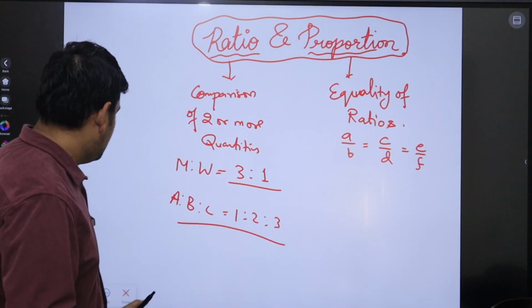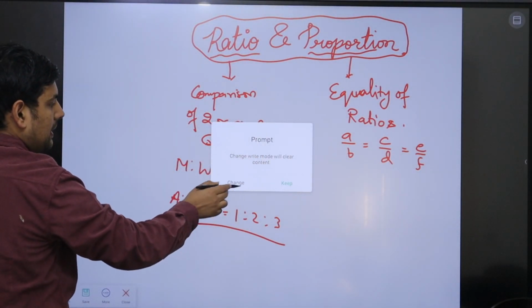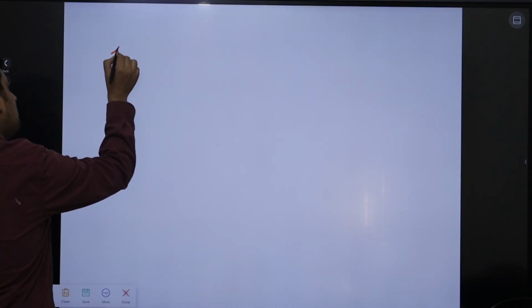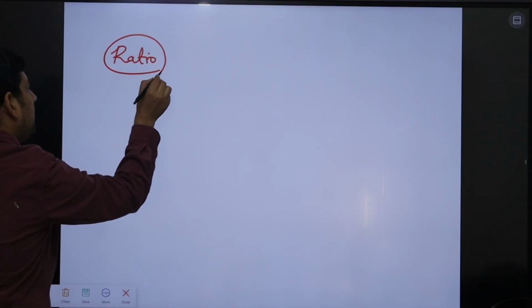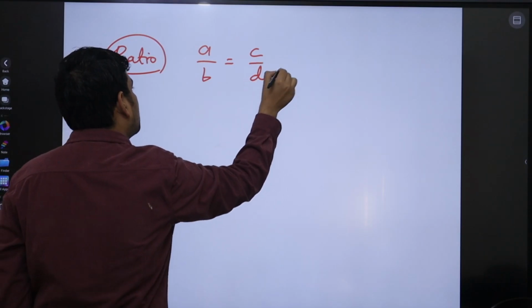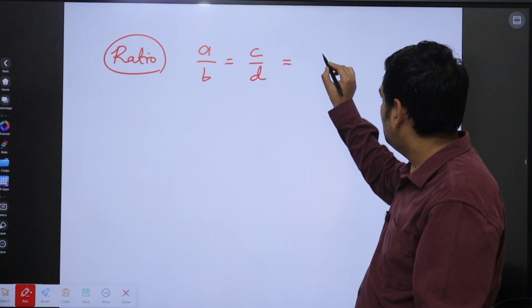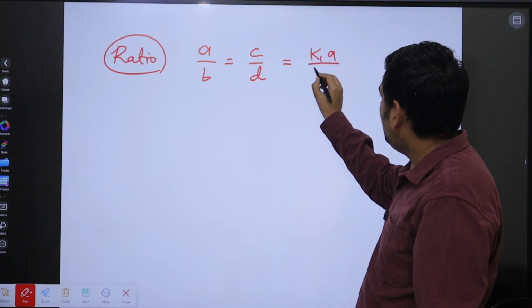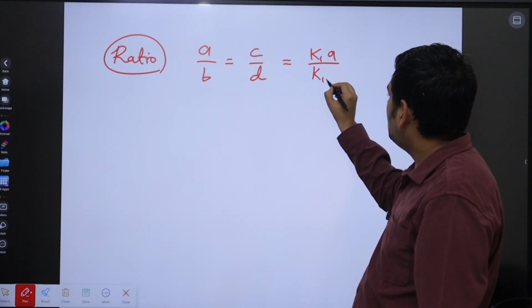Okay. Now, see this. Now, see what you can do with a ratio. Just see that first. So, if ratio A by B is equals to C by D, then will this be also equal to K1A by K1B?